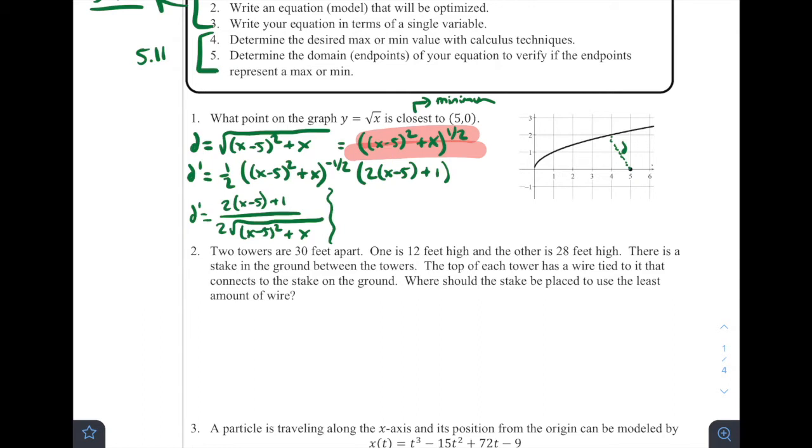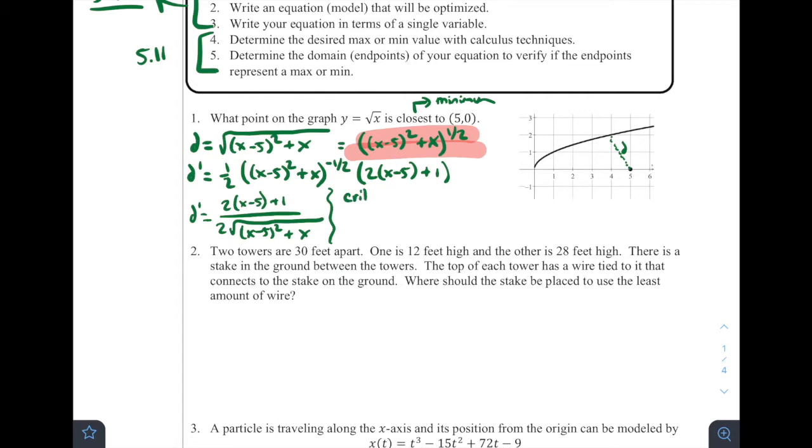So I want to try to figure out places where this is going to be equal to 0 or undefined, which really for this case means we're looking at places where this numerator is going to be equal to 0. There's no value that we can plug in that would make this a negative value or make this equal to 0. So we're just looking at the numerator being equal to 0.